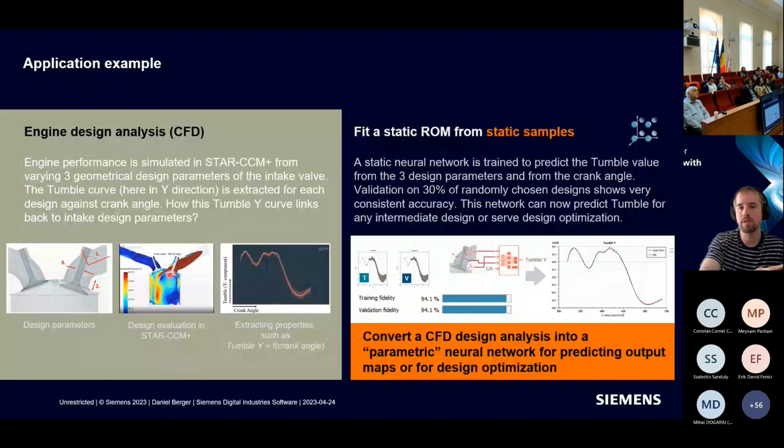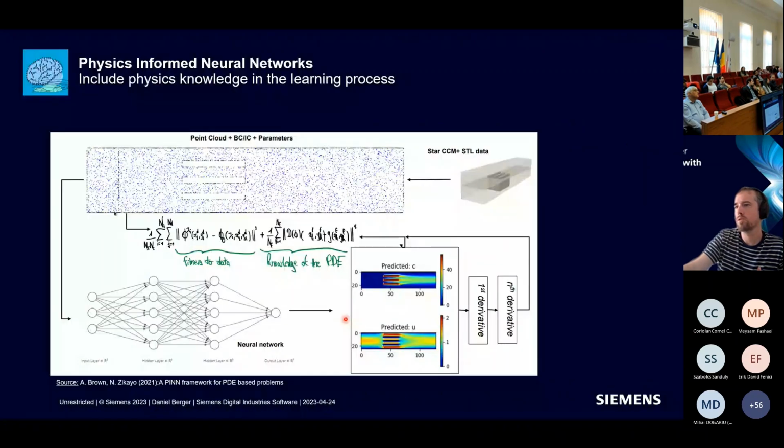Now, one example that has been named before is physics-informed neural networks. This is an approach where you have a simple neural network, but you include knowledge of the differential equation into your loss function. And if you loop over the system that you want to simulate, unfortunately, this is not a video, but here you want to simulate the computational fluid dynamics in a cooling problem. I think it's a computer chip, something that you want to cool.